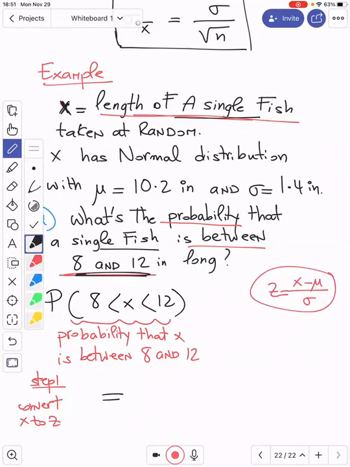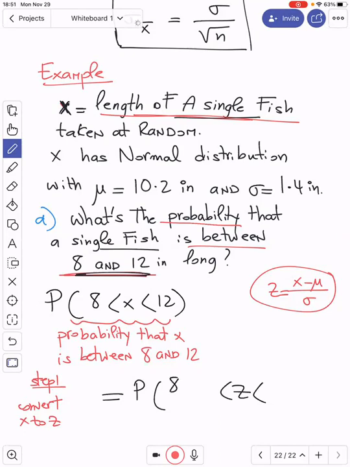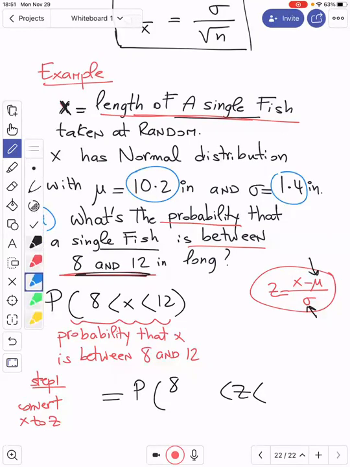So this is the probability that your Z, now you convert 8 to some value of Z. So that's 8 minus mu over sigma, and mu is 10.2 and sigma is 1.4. So this is 8 minus 10.2 over 1.4.